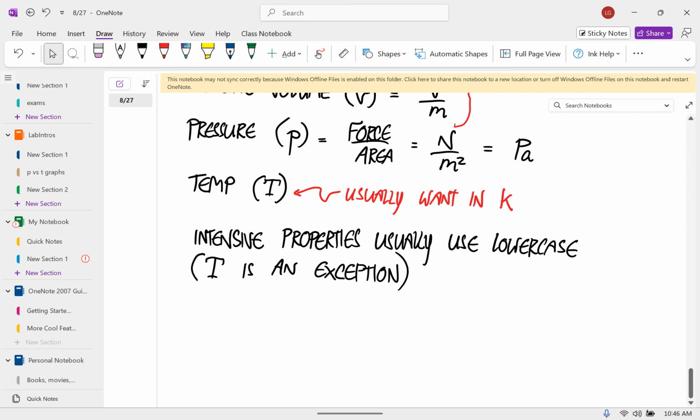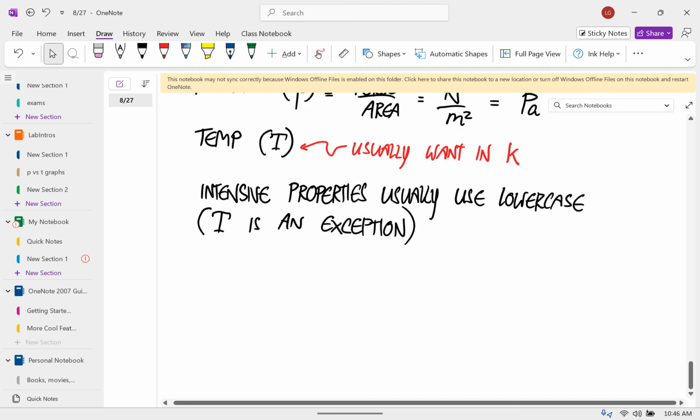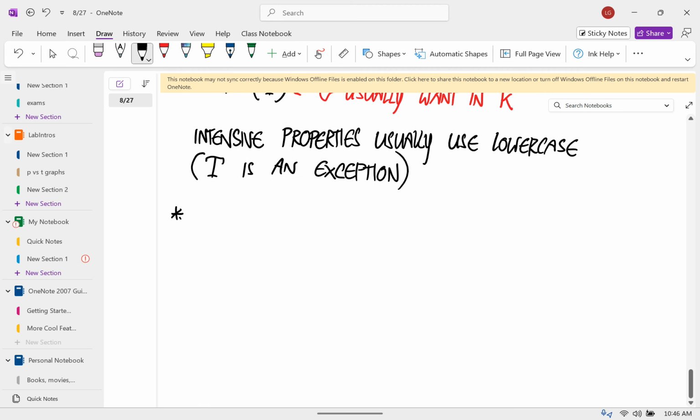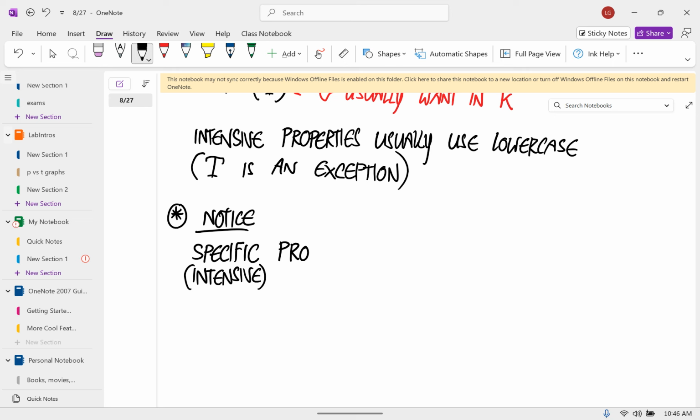One thing to notice, we're not going to do this too often, but you'll see it from time to time. If you have a specific property, by specific I mean an intensive property, that's represented with an overbar.